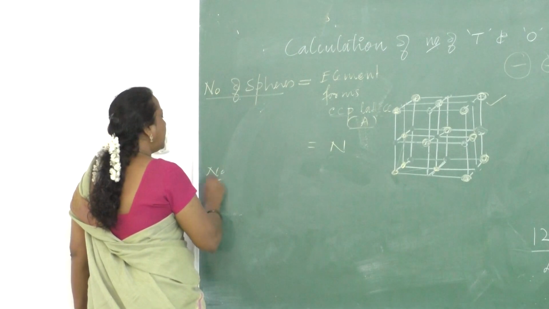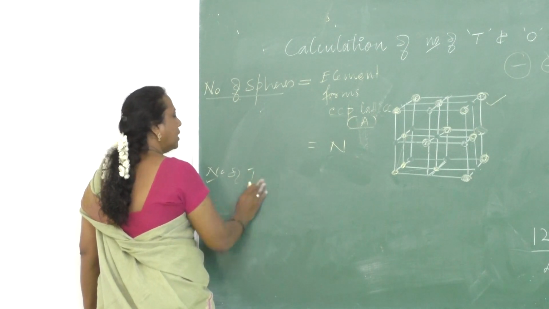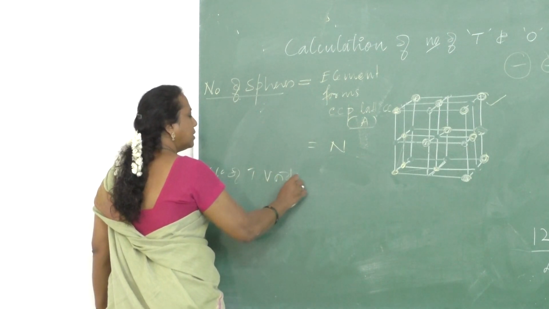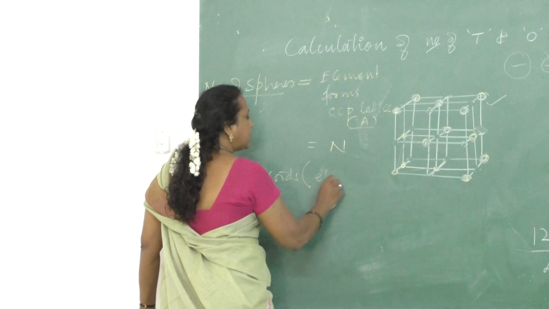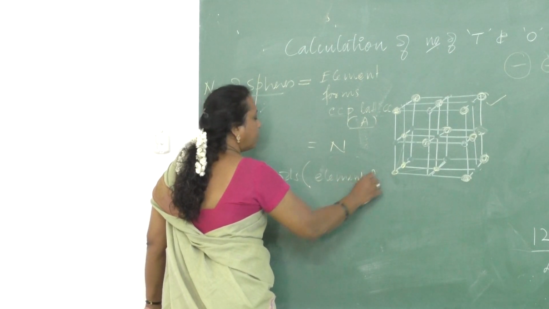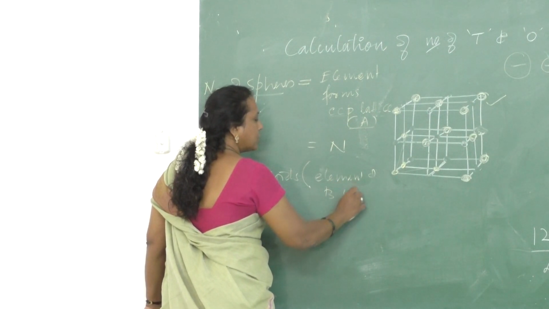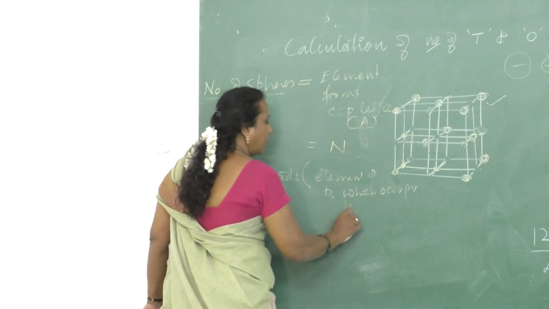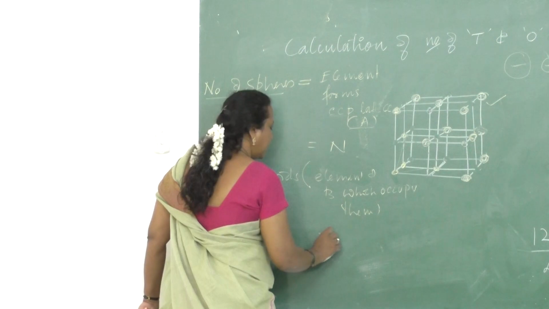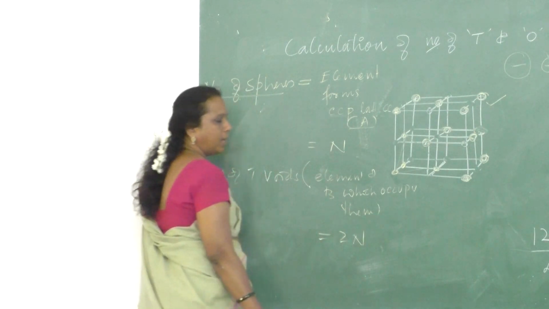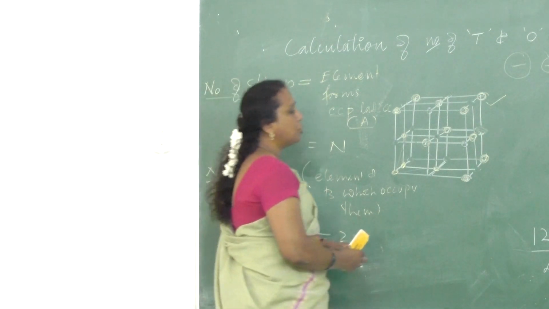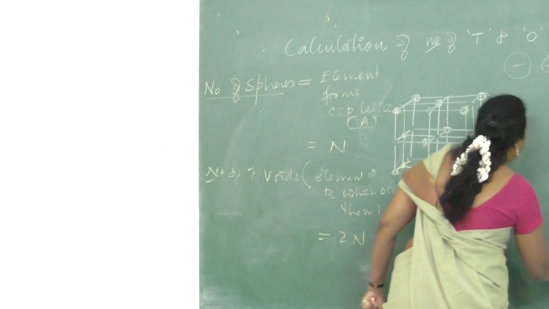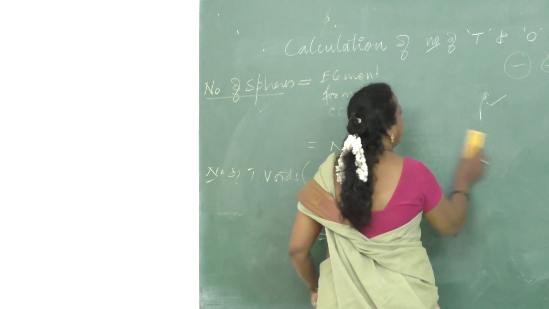Okay, number of T-voids, that is, elements of B which occupy them, is equal to 2n. We should know the ratio of the two elements, then only can we predict the formula of the compound.